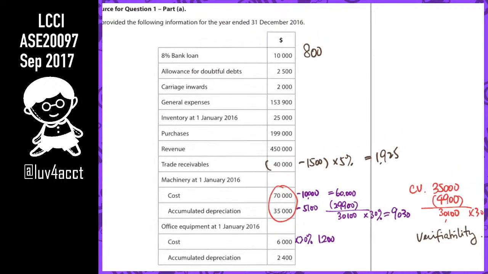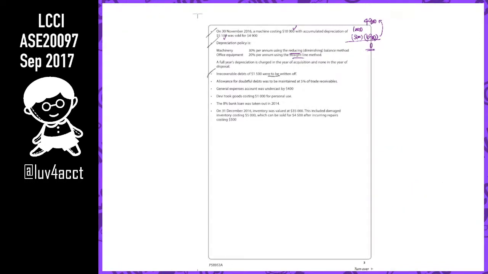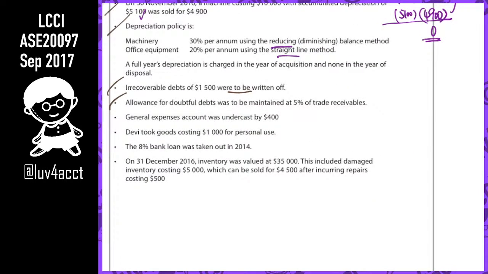Compared to the allowance for doubtful debt, there would be a change of 575. A decrease of 575 will go to the other income of the statement of profit or loss. So 2 more finished.